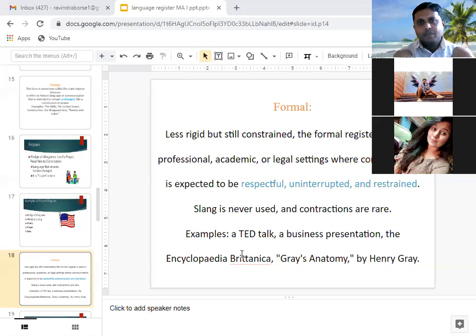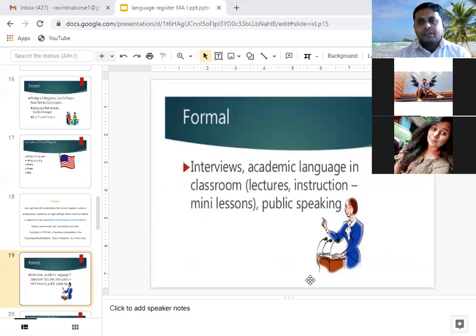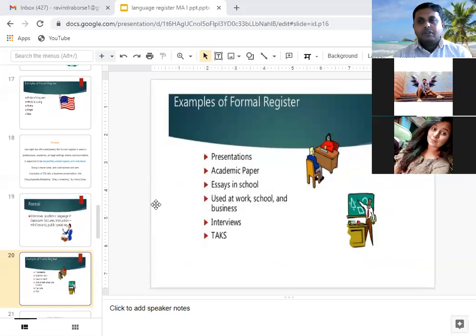I am using formal language with you, isn't it? Like that. So it's a formal way of communication. So interviews, academic language, I am using academic language with you. Right? Public speaking, like that. So presentations, academic paper, essay in school, we use language that is formal.